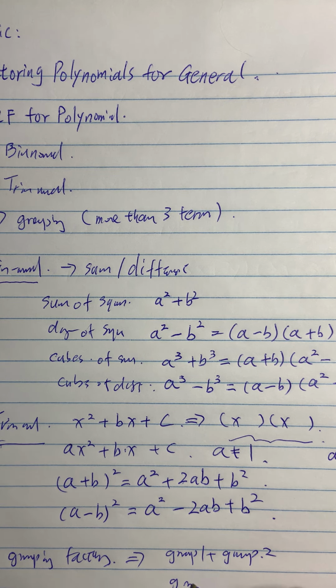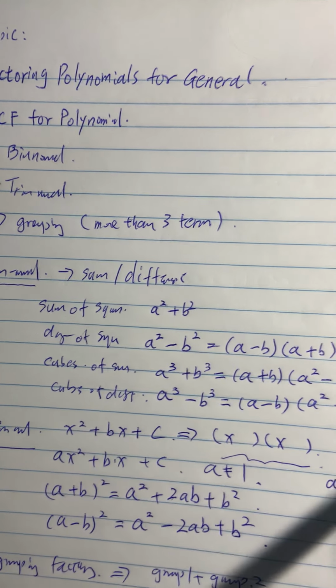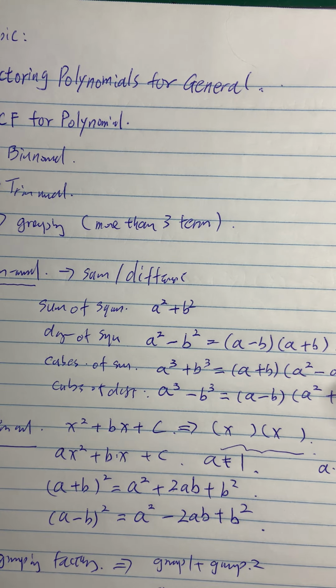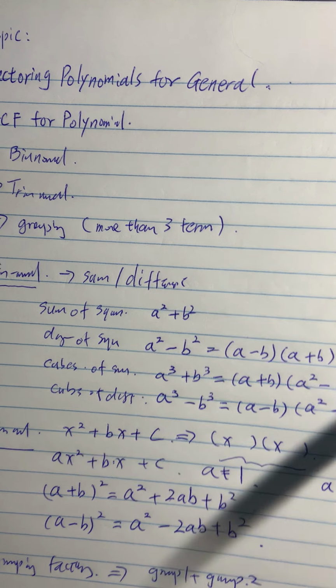Group 1 is the first and second terms, and group 2 is the third and fourth terms. Find the same factor and it becomes like this. Next I will give some examples and teach you how to do the same question.